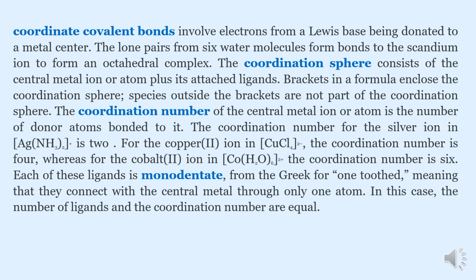The coordination sphere consists of the central metal ion or atom plus its attached ligands. Brackets in the formula enclose the coordination sphere. Species outside the brackets are not part of the coordination sphere.